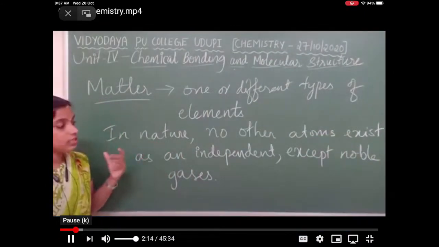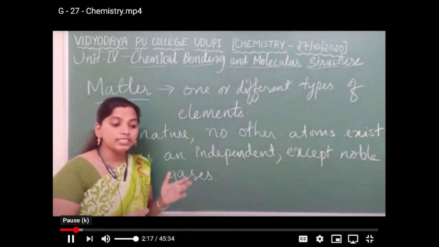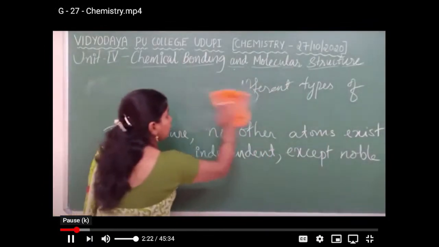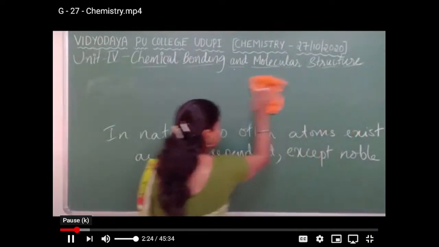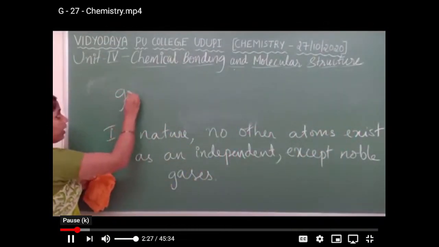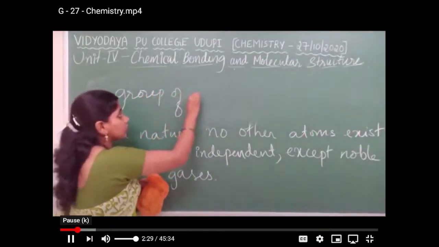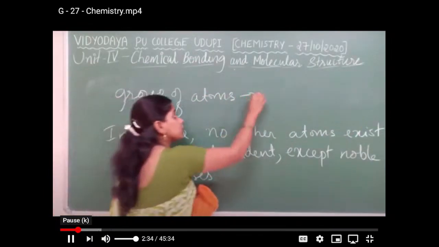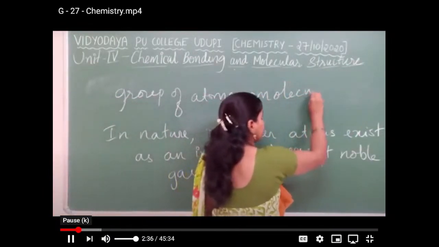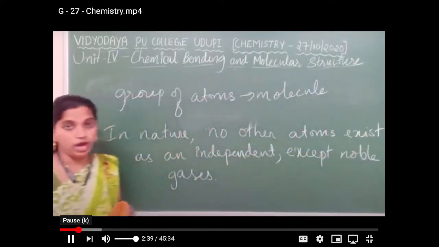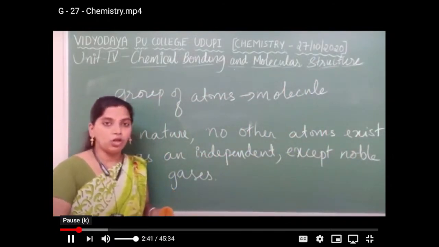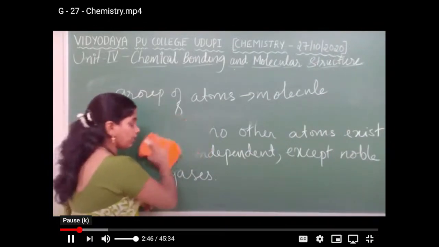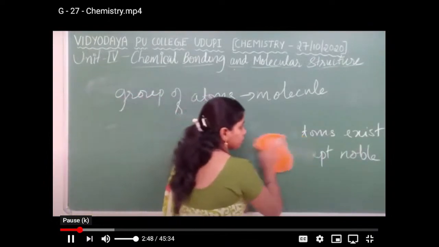In combined form, the group of atoms exist together. The atoms exist in a molecule, hydrogen molecule, oxygen molecule, water molecule, or sodium chloride compound, an ionic compound.